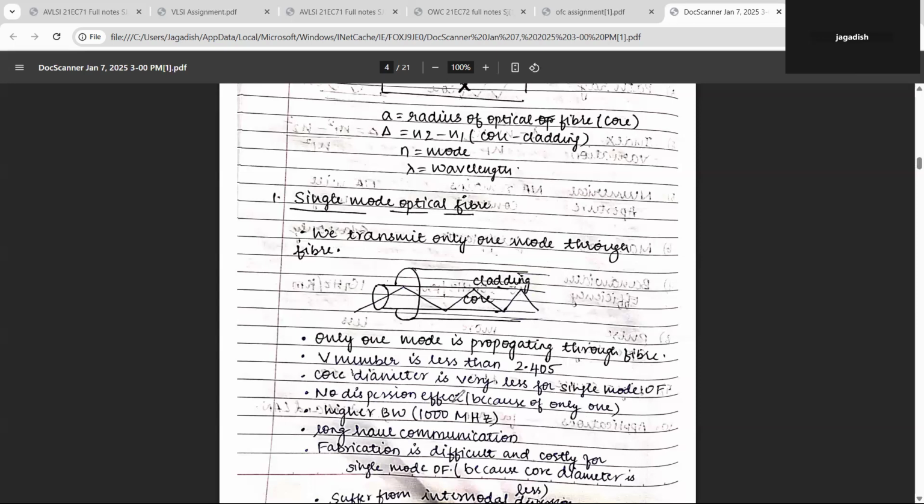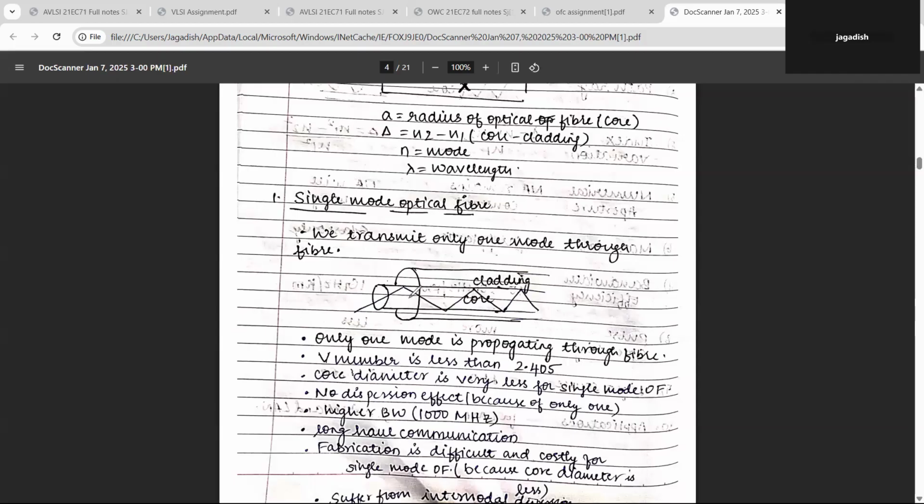So no dispersion effect. Since there is only one light ray, there is no dispersion effect, because you are not using many rays. You can understand easily. Don't just memorize the theory; if you see the diagram, you can write the theory.